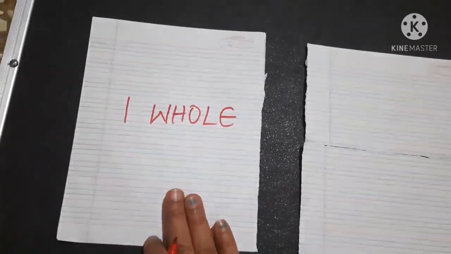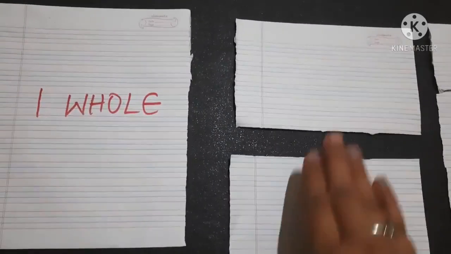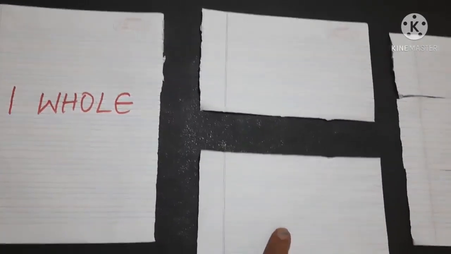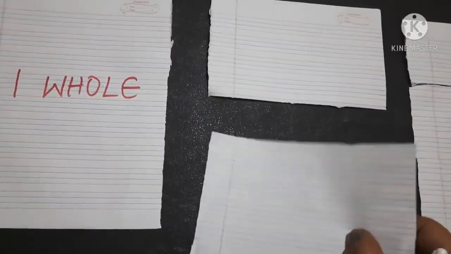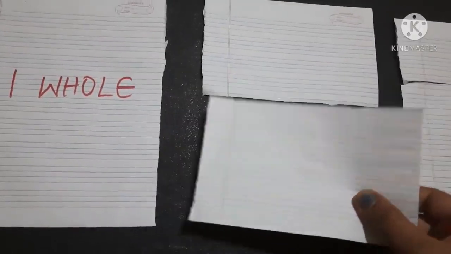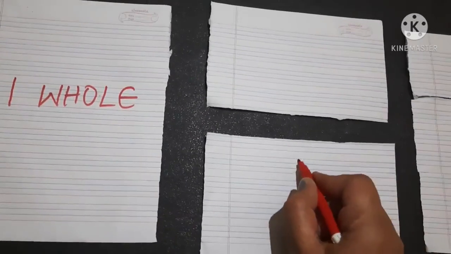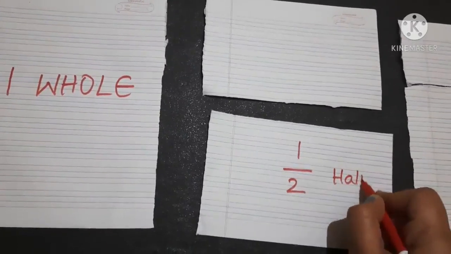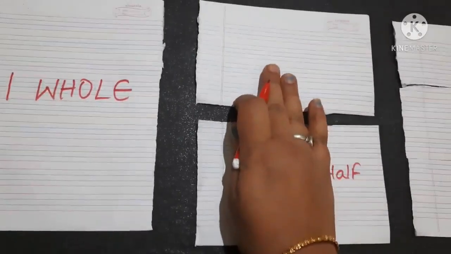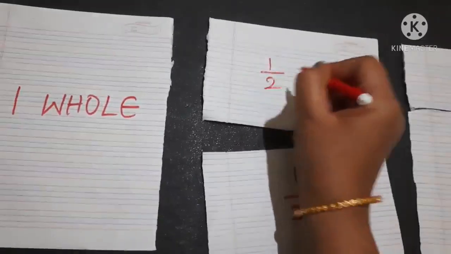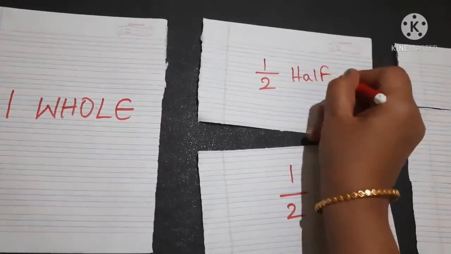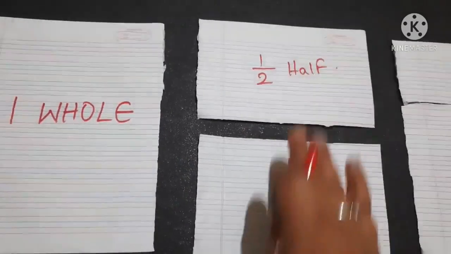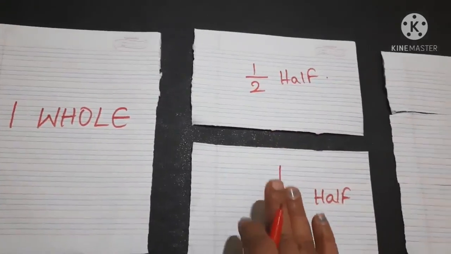When this whole paper is divided into two parts, then each part is called a fraction, and each fraction is called a half. How are we going to write it? 1/2, half. Even this fraction is also called a half, 1/2. Right, when a whole is divided into two parts, then these parts are called halves.